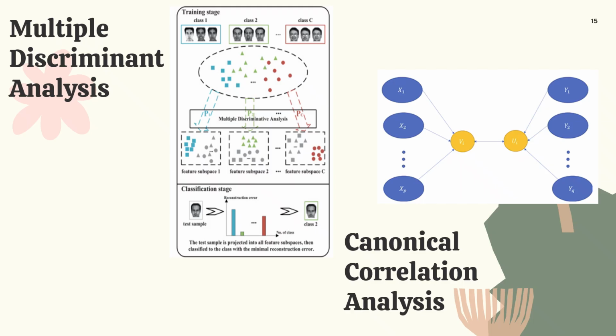Canonical correlation analysis, meanwhile, examines the relationship between two sets of variables, for instance, understanding how students' academic behaviors relate to their learning outcomes. Both these techniques are highly valuable when dealing with complex multidimensional data environments.